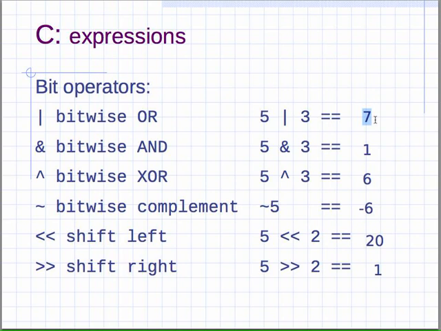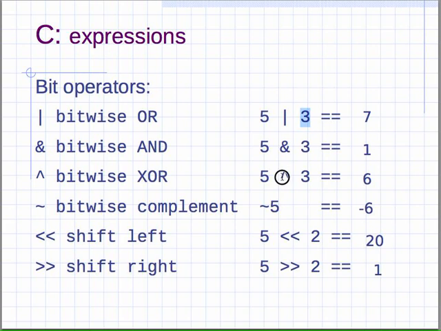This should make sense if you know how to convert 5 to a binary equivalent, convert 3 to a binary equivalent, and then do the bitwise OR operation, which is if either one of the bits that you're ORing is a 1, you get a 1, otherwise it's a 0. If you have two 1s, it's a 1. Okay, the similar operation for AND, if you AND the 5 and the 3, should give you a 1.